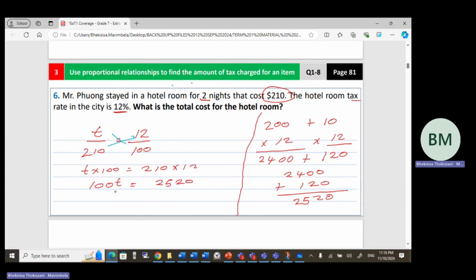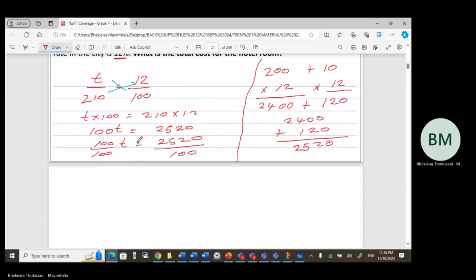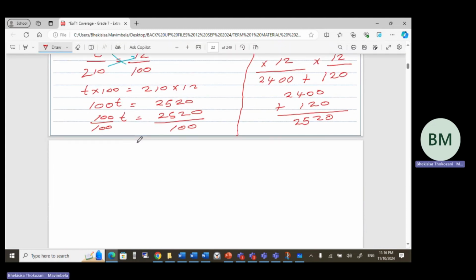Now you divide both sides by 100. 2520 divided by 100. Okay. Remember what we said? If we're dividing by 100, there must be 2 numbers after the decimal point. So this will cancel off. I'm left with t here.